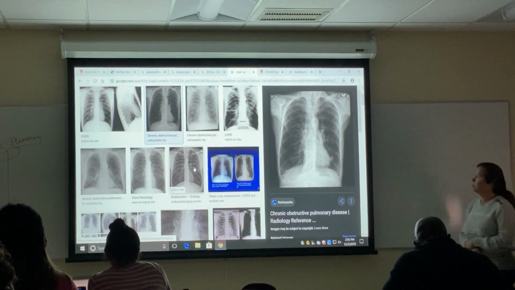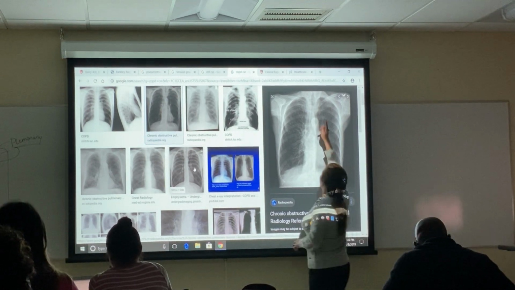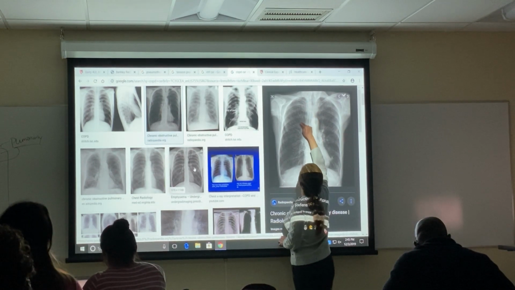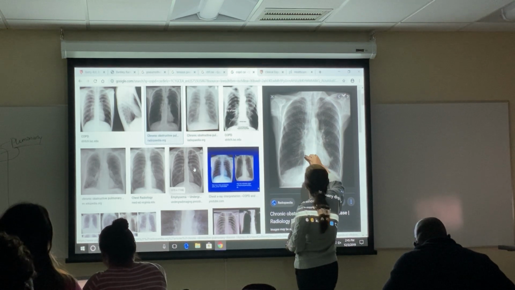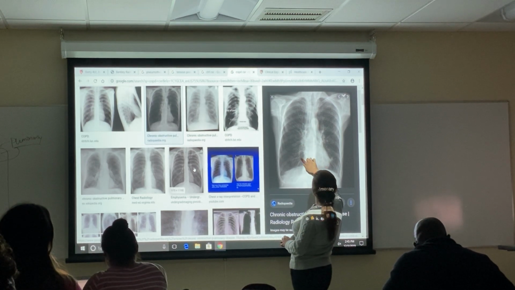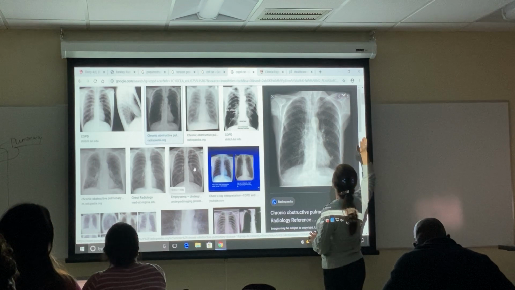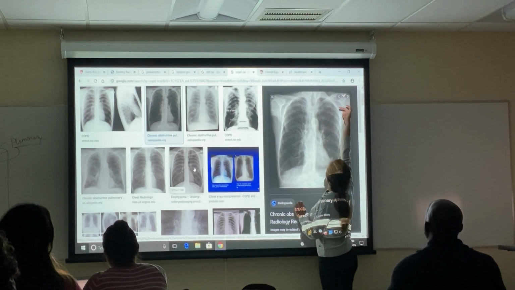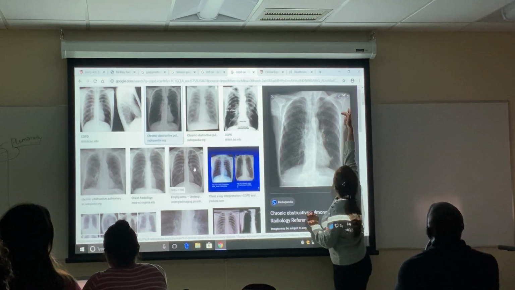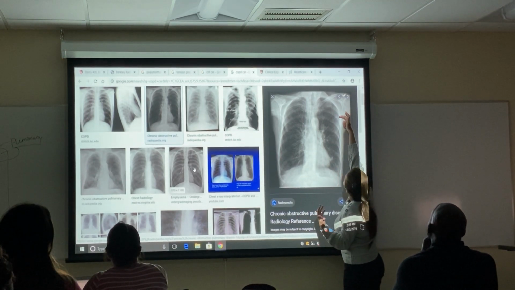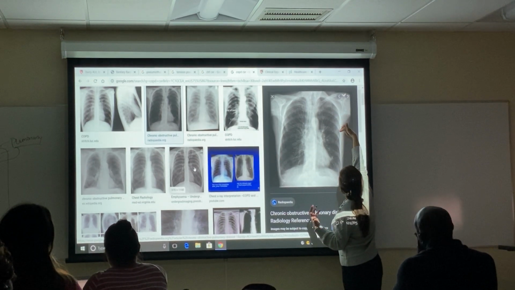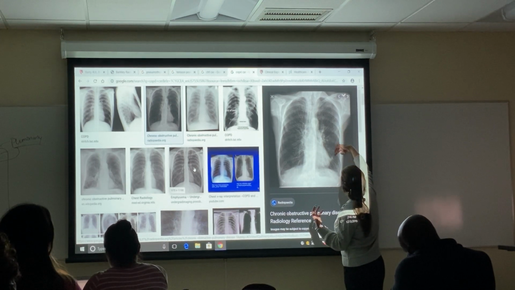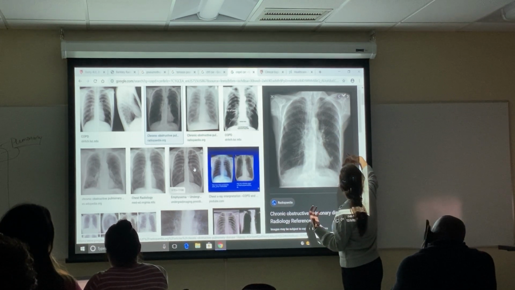Look at that x-ray. 1, 2, 3, 4, 5, 6, 7, 8, 9, 10. If we count the anterior, you have 1, 2, 3, 4. I don't even see that much. 5, 6, 7, 8, 9, 10.